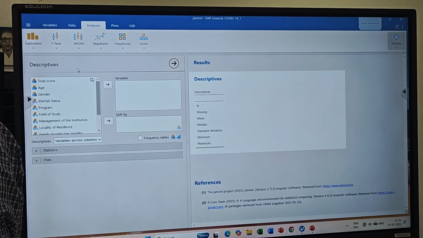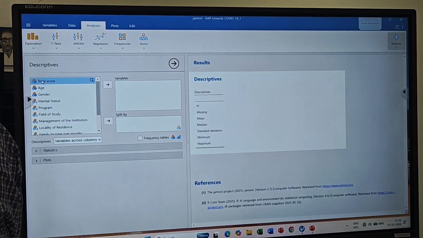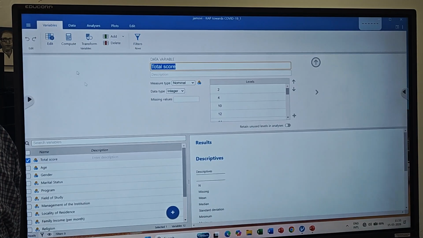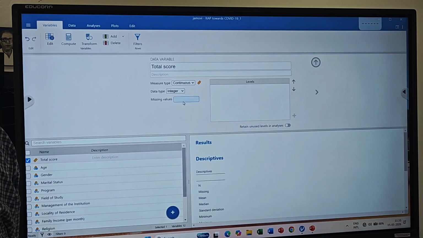Again, there is a small correction. This total score is a scale; it is not a nominal data. Score is continuous data. So I correct it and go back.